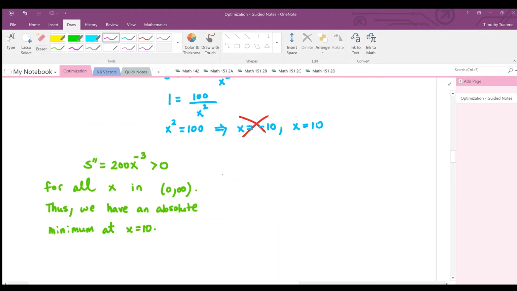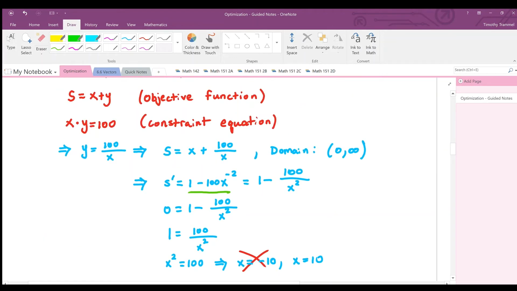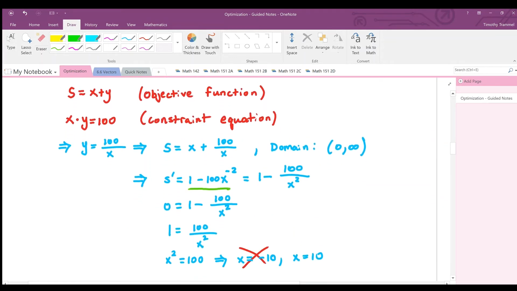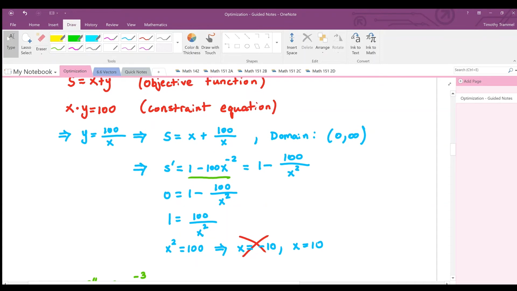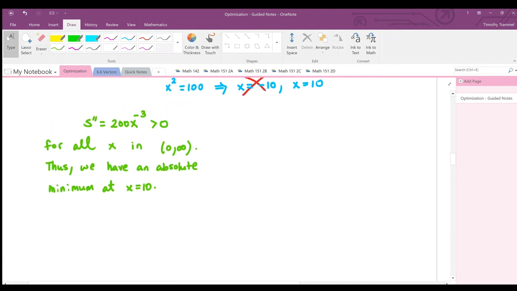Now, to finish this problem, we need to find both the numbers, x and y. And so note, so far we just have x equals 10. How do we find that y value? Well, it's going to come from our constraint, all the way up here. Remember, x times y needed to equal 100, and y was equal to 100 over x.